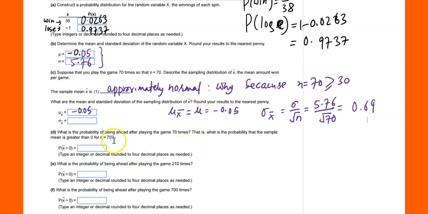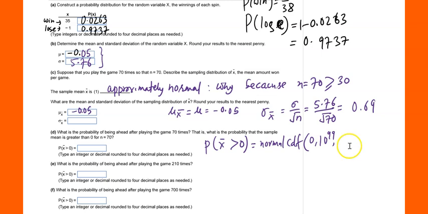Now, here you're looking for the probability. What is the probability x bar is greater than 0? Notice that to find the probability x bar is greater than 0, you use normalcdf. Remember that for greater than, 0 is the lower bound, and 10 to the power 99 is the upper bound.